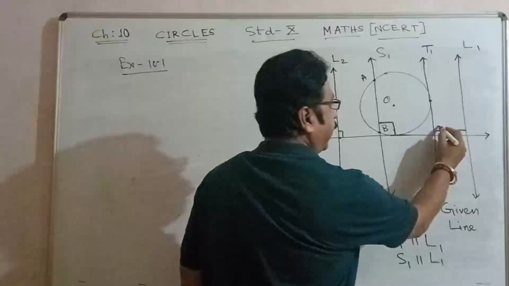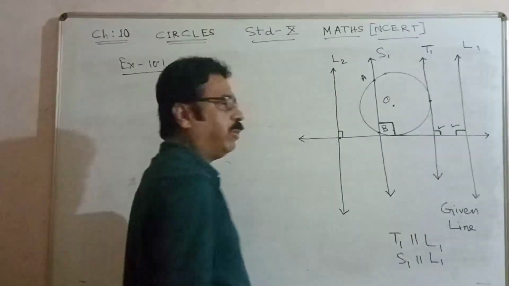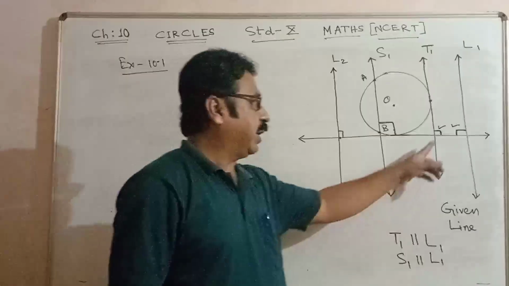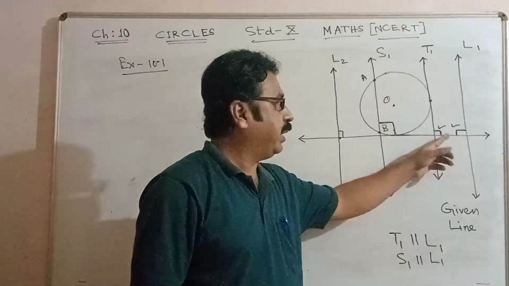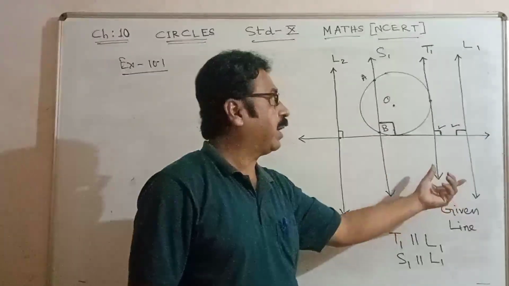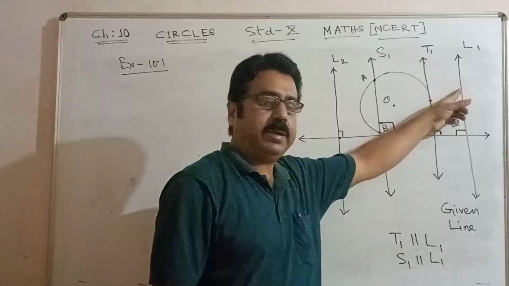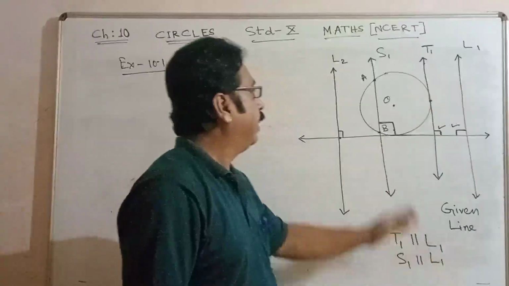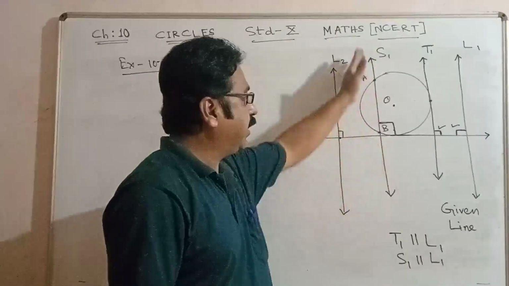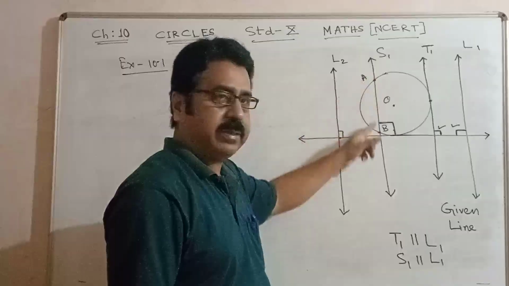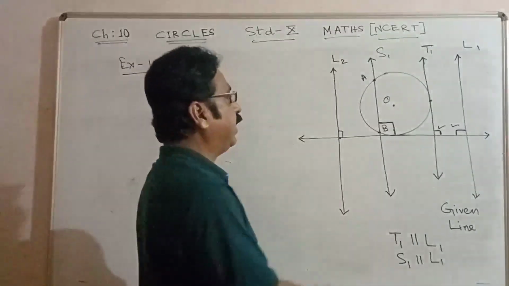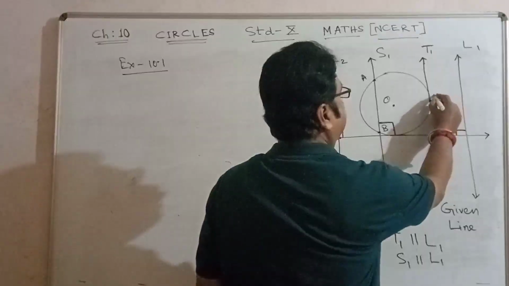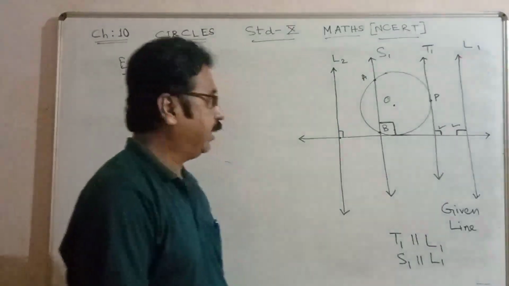Then this angle and this angle, they are the co-interior angles, both are 90 degree, 90 plus 90, 180, that's why these lines are parallel. That means tangent and the given line, they are parallel. It is a secant, it is intersecting the circle at 2 points, that's why it is a secant. It is a tangent because it is intersecting the circle at 1 point, suppose point P.